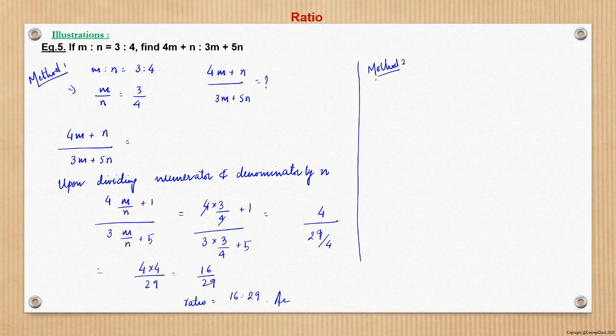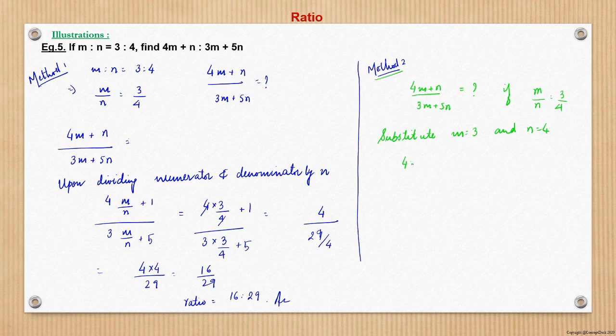Now method 2. What we will do, we have to find the ratio of (4m plus n) by (3m plus 5n) if m by n is 3 by 4. So we will just substitute m is equal to 3 and n is equal to 4 in the above expression.